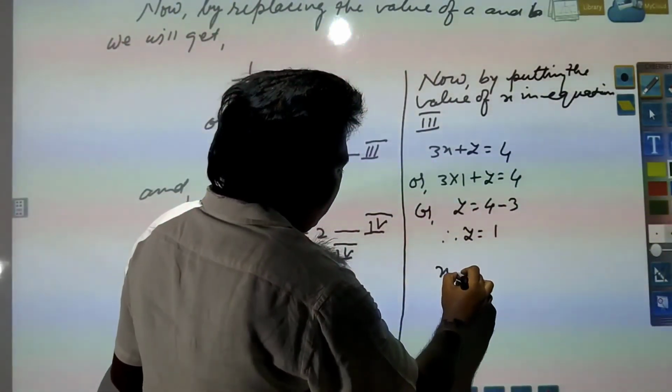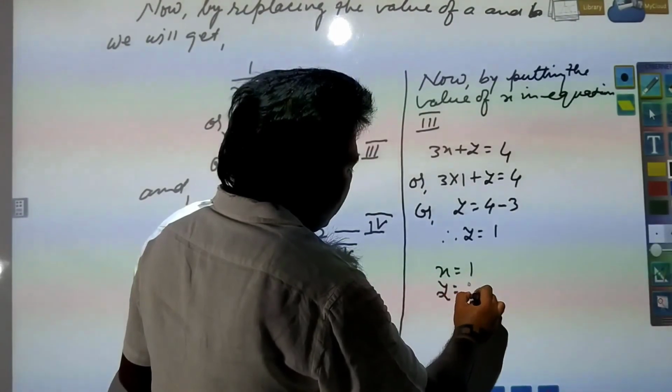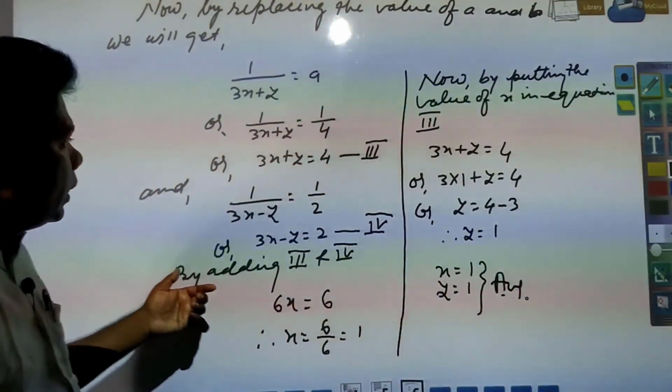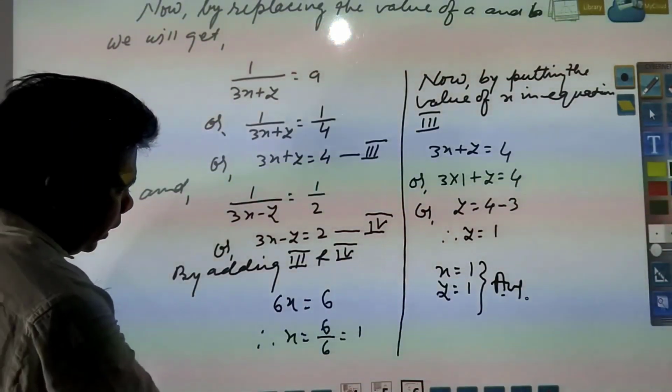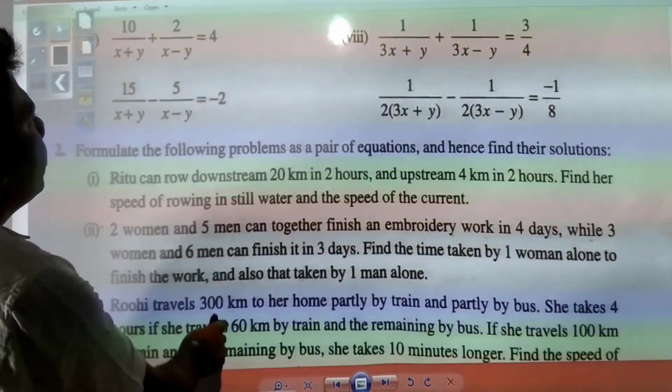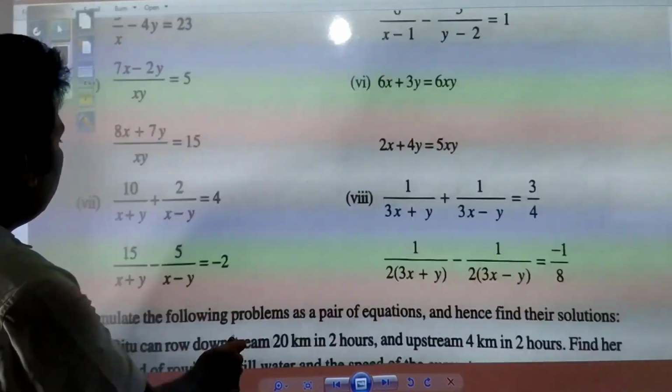So finally you have got x is equal to 1 and y is equal to 1, and this will be your answer. So in this way I think we have completed up to question number 8, and a few questions are left.